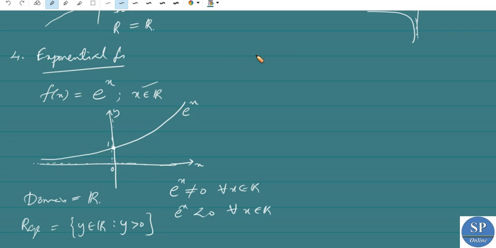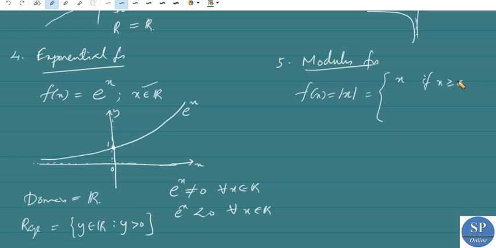Okay, next is modulus function. Modulus function is actually f of x, denoted by mod x, and is defined by x if x is greater than or equal to 0, and minus x if x is less than 0.